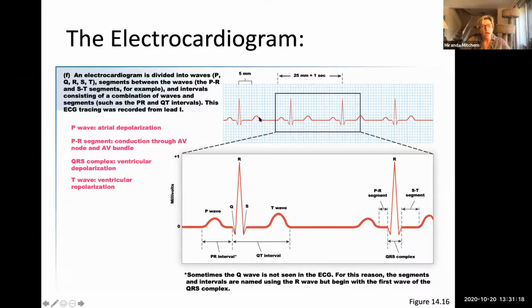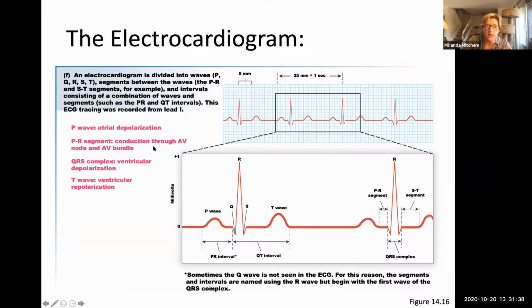So our P wave is the atria depolarizing. That happens first, and then the signal spreads out of the SA node. It's already happened now because we have our depolarization of the atria. So we're at least at the AV node moving into the AV bundle.